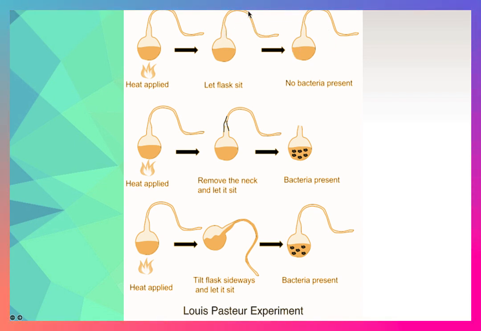He made it long and curved so that if there were any particles in the air, they would be trapped in the tube and only real air could get in and out. No bacteria was present.